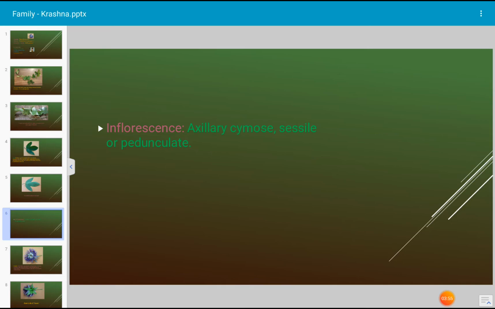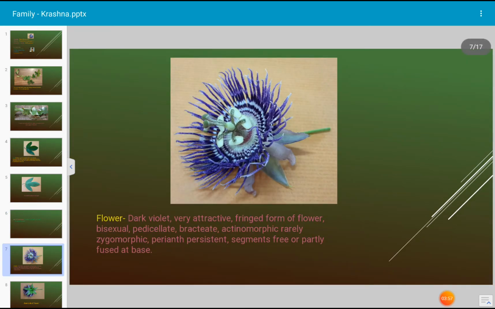Okay, next. This is the flower of Passiflora incarnata. The flower is dark violet, very beautiful, very attractive. Fringed form of flower. It is bisexual because androecium and gynoecium both are present. It is also described as a hermaphrodite flower. The stalk of the flower is present, hence it is pedicellate.